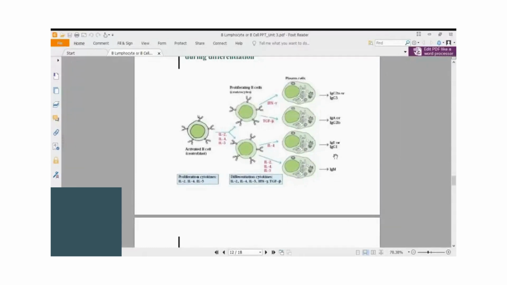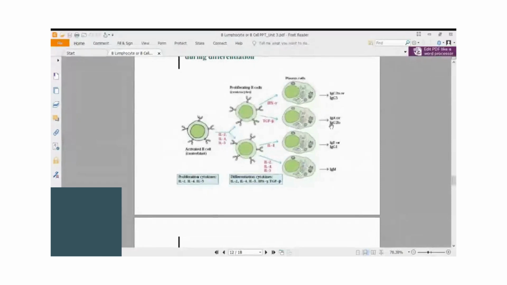So two molecules of IgG are required for the complement to be activated, whereas for IgM, one molecule itself will be sufficient. And it is a strong complement activator, IgM, and a strong agglutinator. These are the two different properties of IgM.